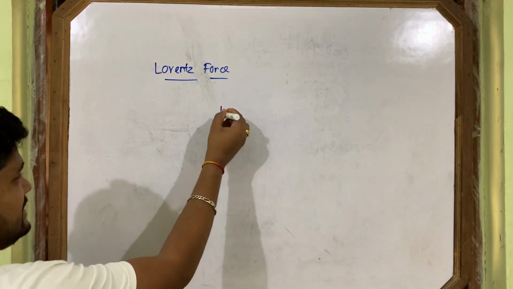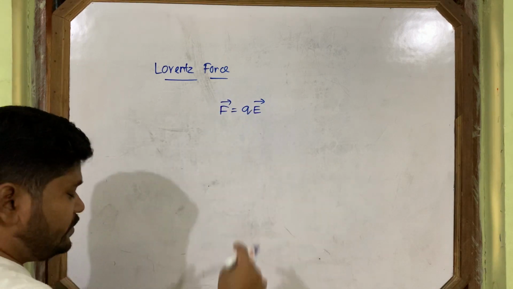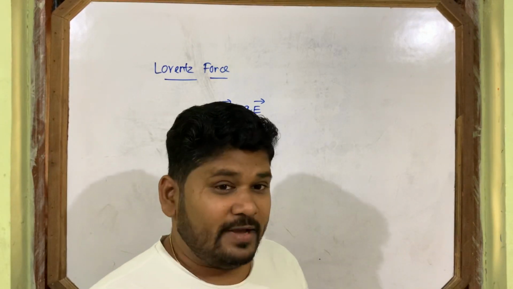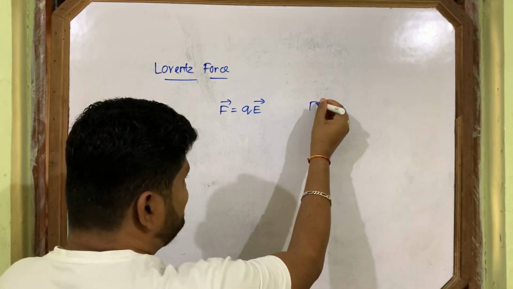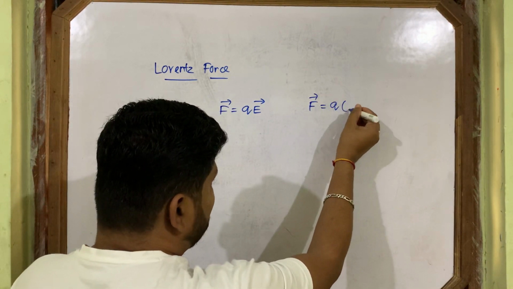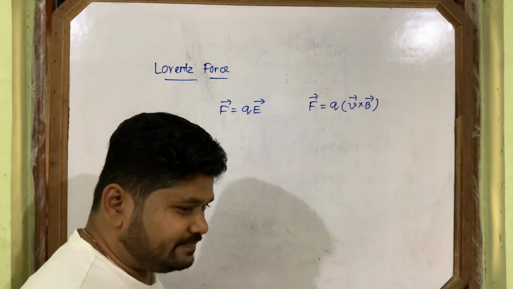When the charged particle is in an electric field, how much force acts? F is equal to QE vector. When the charged particle is moving in a magnetic field, how much force acts? F is equal to Q times V vector cross B vector.